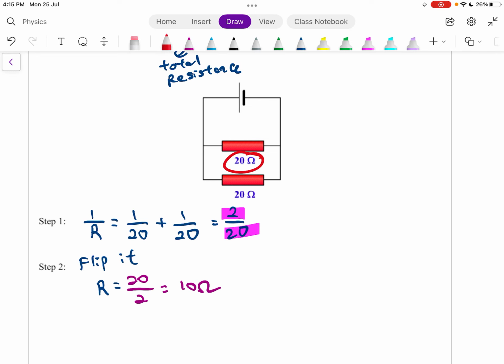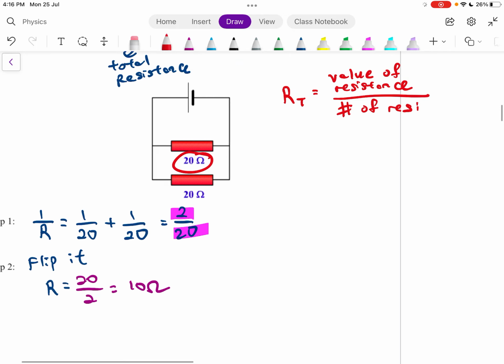So you just use this formula: total resistance is equal to the value of resistance, which is 20, divided by the number of resistors. The value of resistance is 20 divided by the number of resistors, which is 2, because there's only the first resistor and second resistor. So it's equal to 10 ohm. That is how we use the shortcut to calculate.